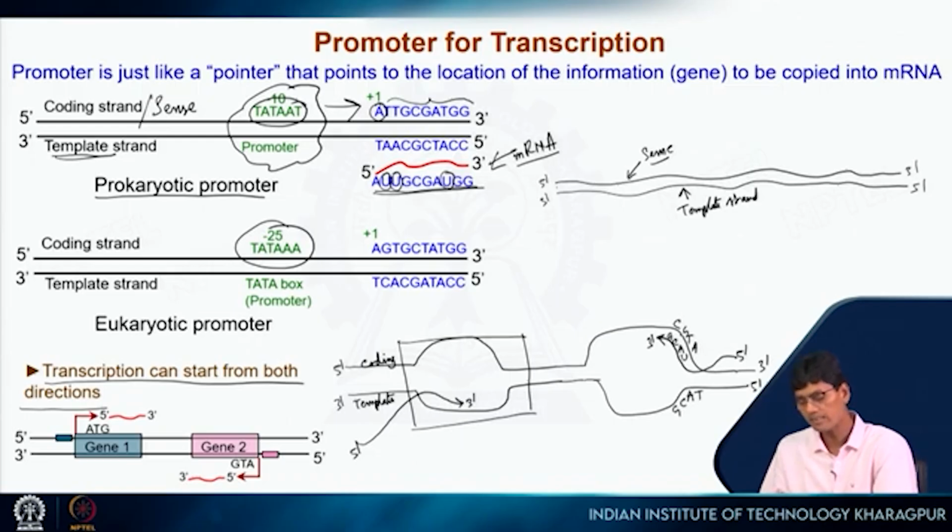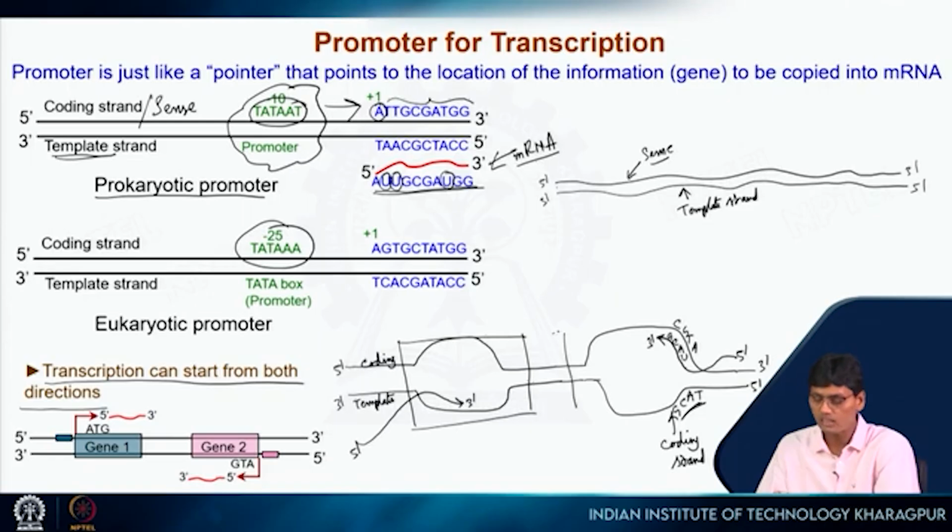So now this RNA sequence is completely similar to this strand, the only difference being U and T. As a result, this is the coding strand.